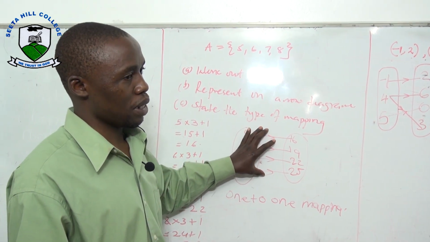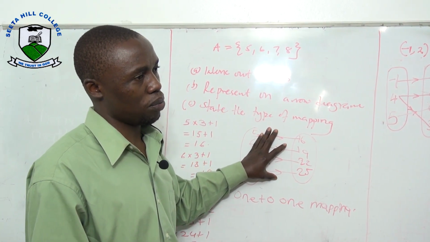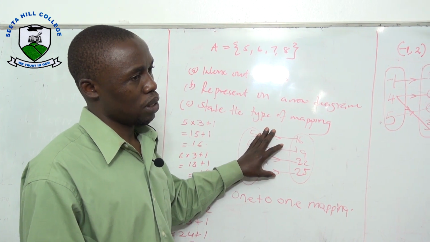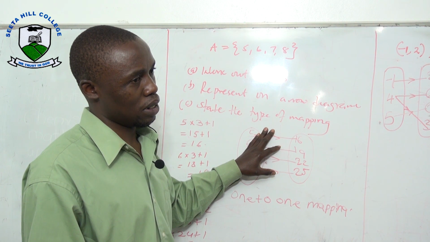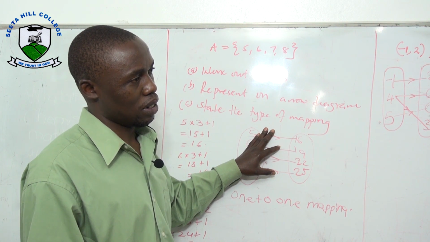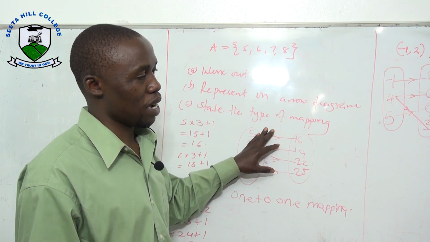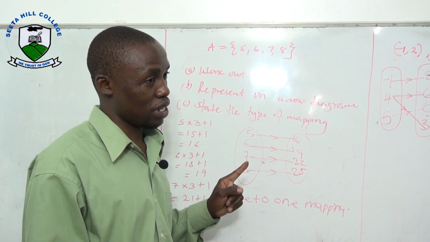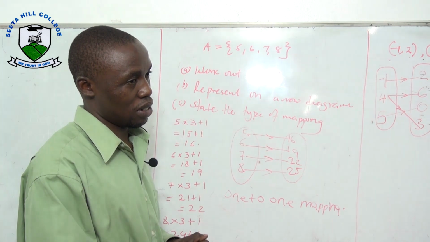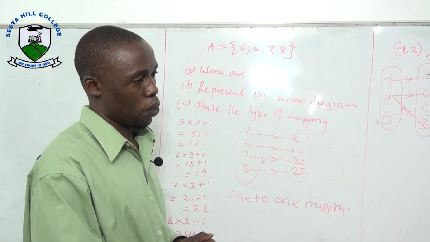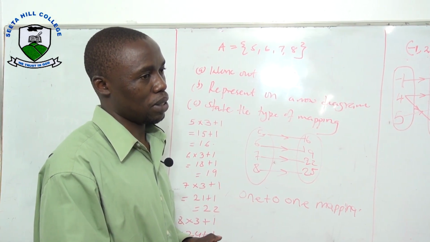When a mapping becomes one to one only, then it can also be called a function.